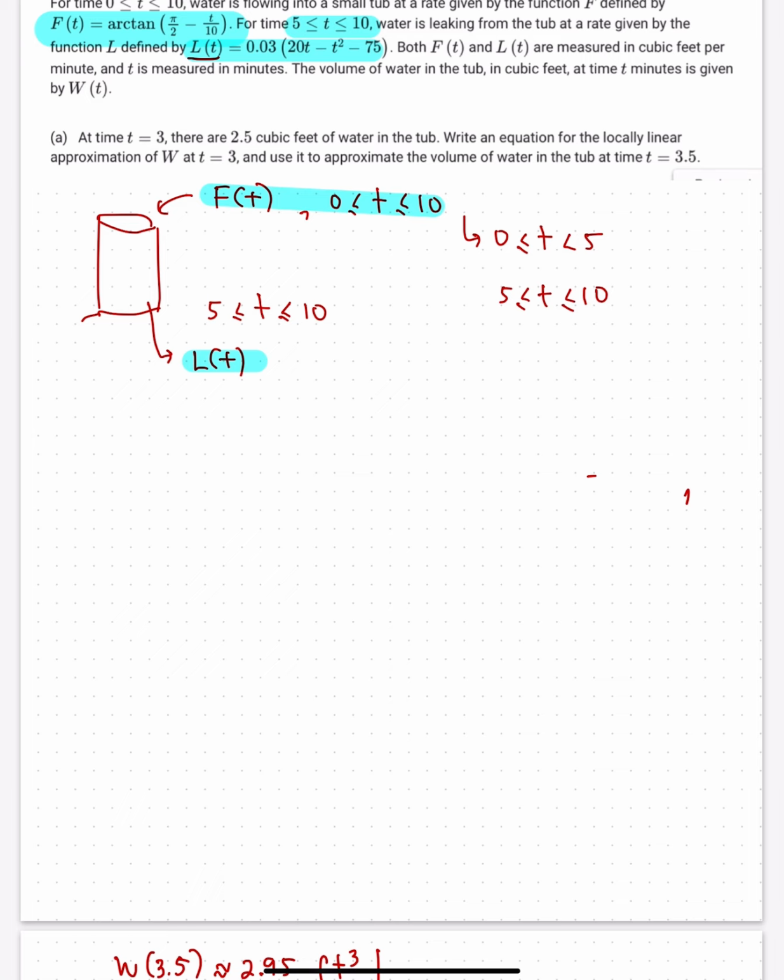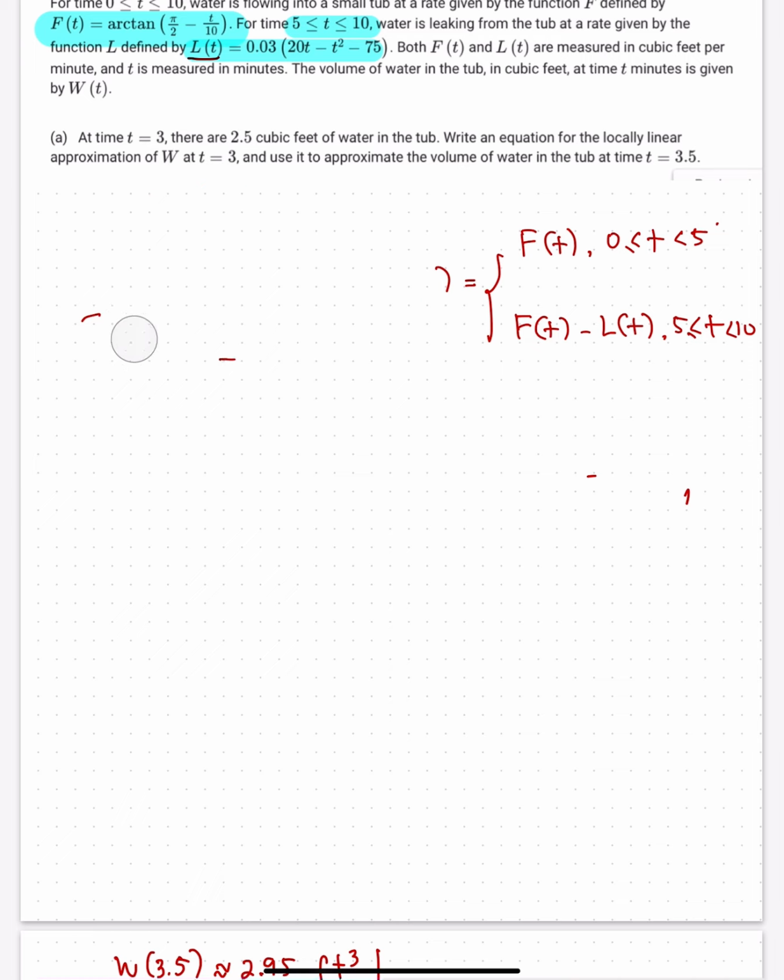So we can consider that w prime of t will be f of t if t is between 0 and 5, and f of t minus L of t if t is between 5 and 10. That's it. So that's all for the first question.